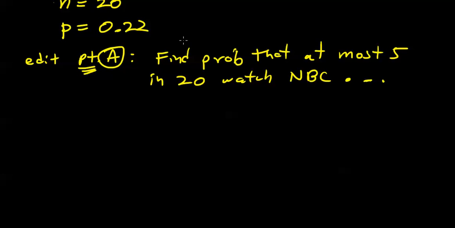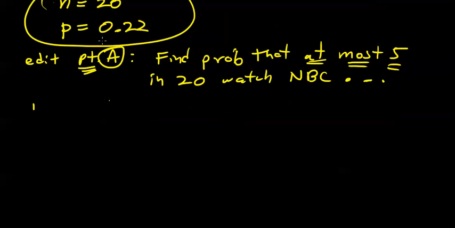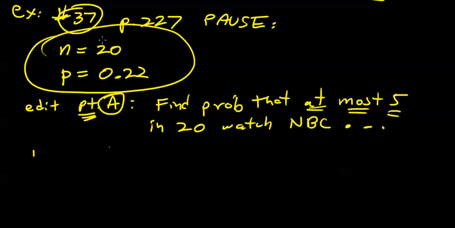Find the probability that at most 5 in 20 watch NBC Sunday Night Football. Well, what does at most 5 mean? That means 5 or less, right? So we've got a binomial experiment with these above mentioned parameters, and I really want the probability that x is less than or equal to 5.